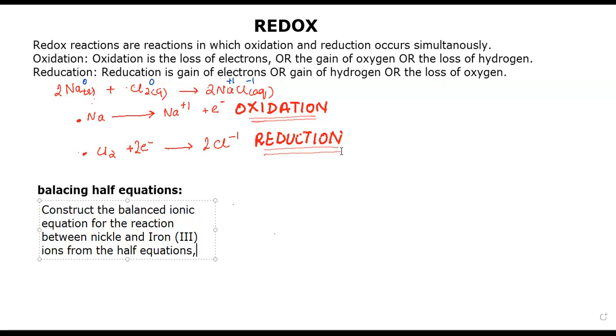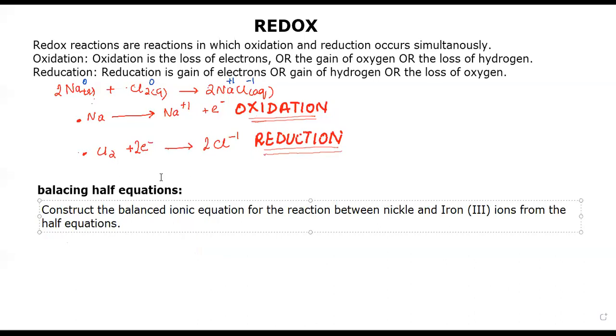So the question will be like this. This time in your A level, they will provide you with the half equation. The half equation will be given to you guys. You guys will somehow have to use the half equation to figure out the overall equation.